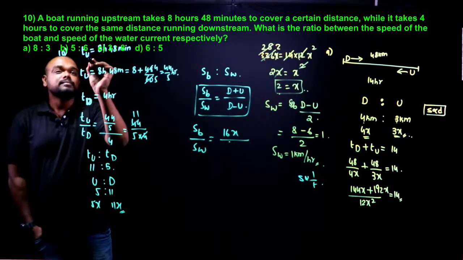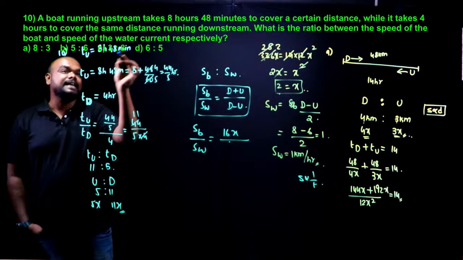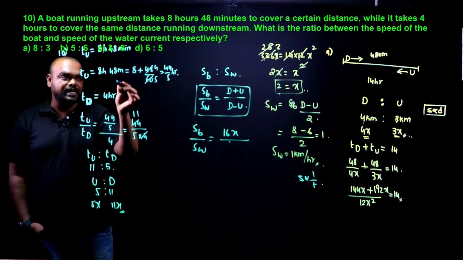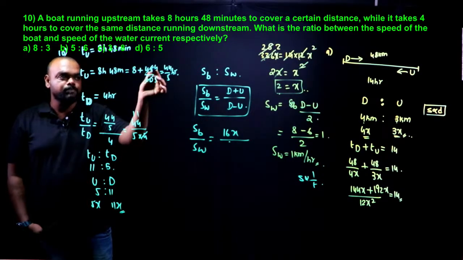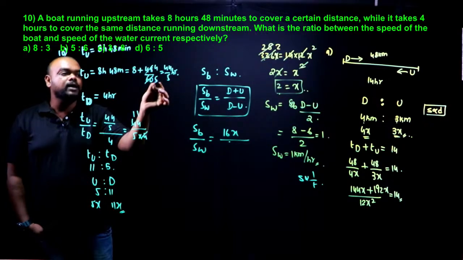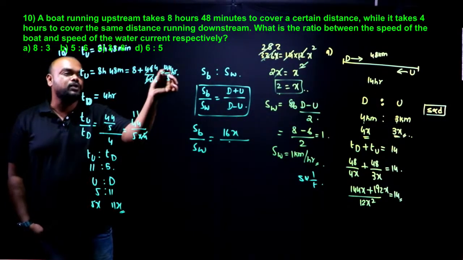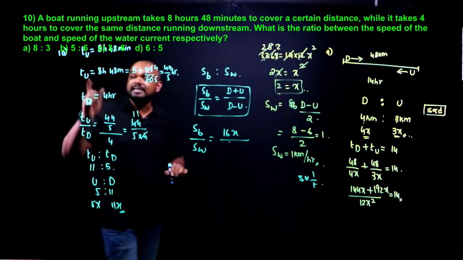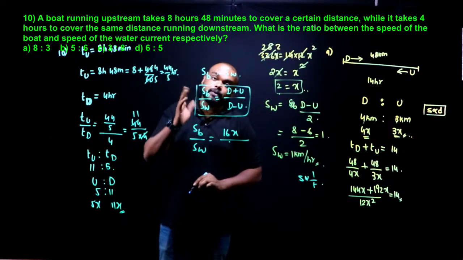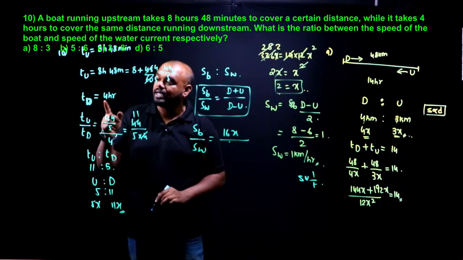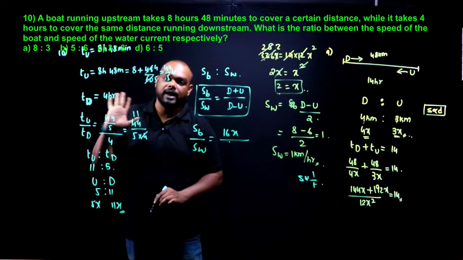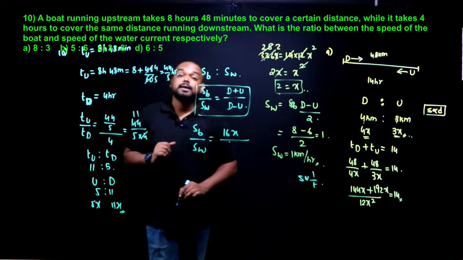Observe. Time taken during upstream is 8 hours 48 minutes. Convert that 48 minutes to hours: 48 by 60. 12 into 4, 12 into 5. 5 into 8, 40. 40 plus 4, 44 by 5 hours. That is the time taken during upstream. And in the question, he also told us the time taken during downstream is 4 hours. Now, what do we want?